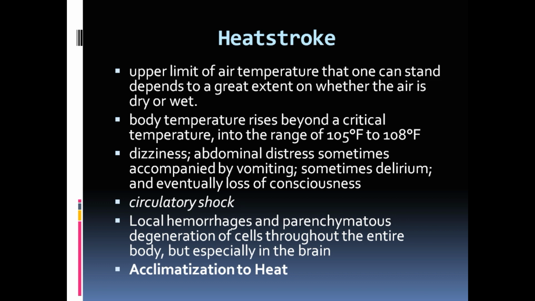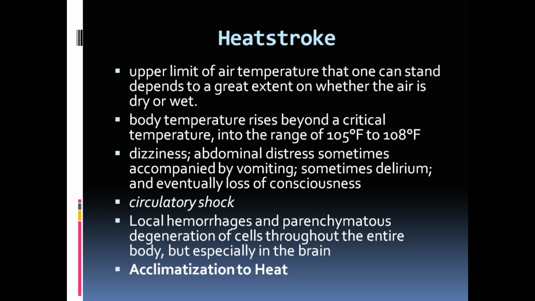Most of the pathogenesis of heat stroke, or the death, is caused by local hemorrhages and parenchymatous degeneration of the cells throughout the entire body, but especially these hemorrhages and degeneration occur in the brain, which causes the fatal damage. Acclimatization to the heat helps to withstand the higher environmental temperature.